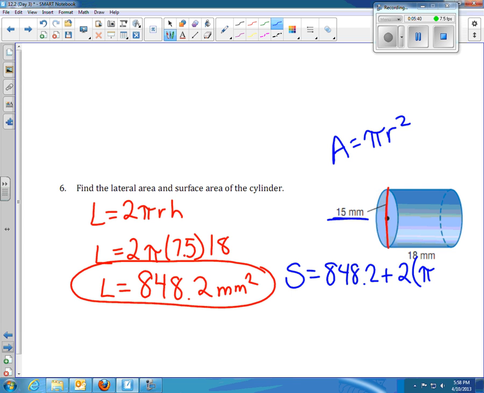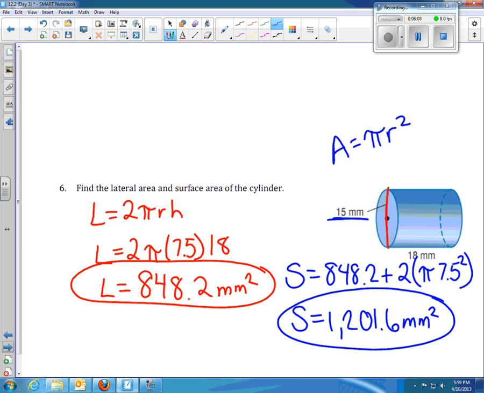It was 7.5, and we're going to square it. Go ahead and type that into your calculator. And now that you've done that, your total should be 1,201.6, and don't forget a label of millimeters squared. Remember, it's squared because we're talking about area.